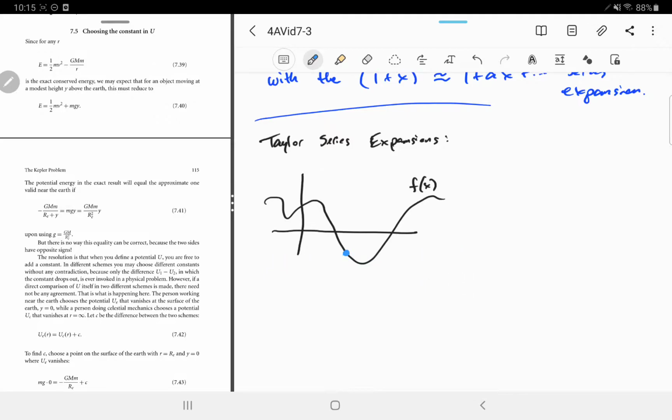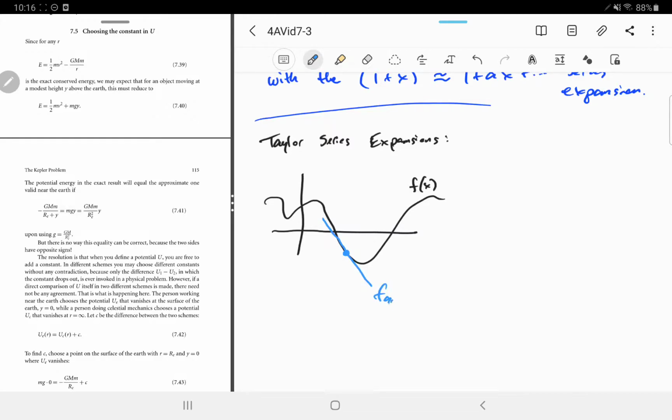For the first order approximation, we want a function that looks like f of x near these points. So we would choose a line that looks like this, right? We choose a line that goes through our point and also has slope equal to the slope of f of x.